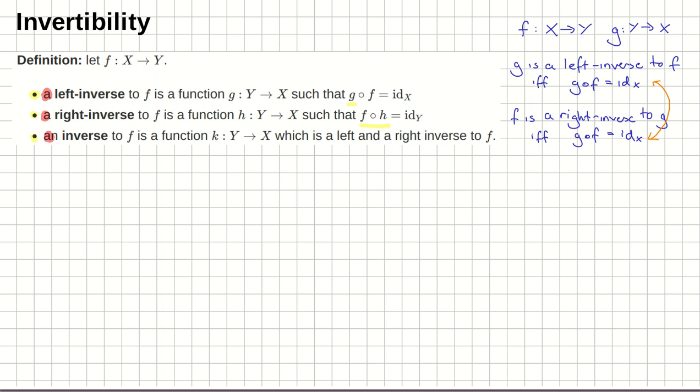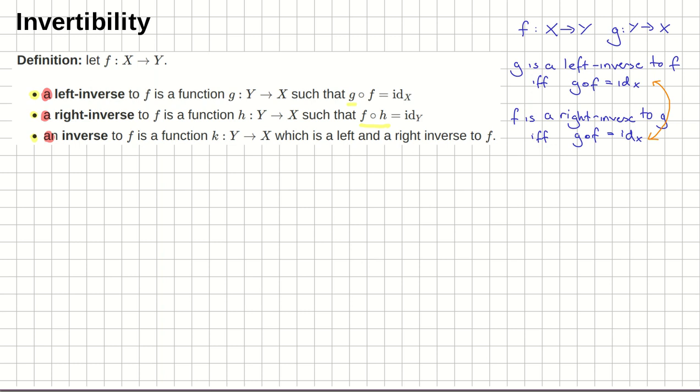We're going to see some examples of this. And equally, if it has a right inverse, it might have more than one right inverse. We are actually going to see in a later video that if you have a two-sided inverse, then you can only have one two-sided inverse. But left and right inverses themselves need not be unique.